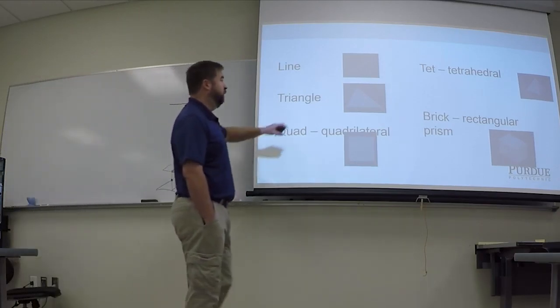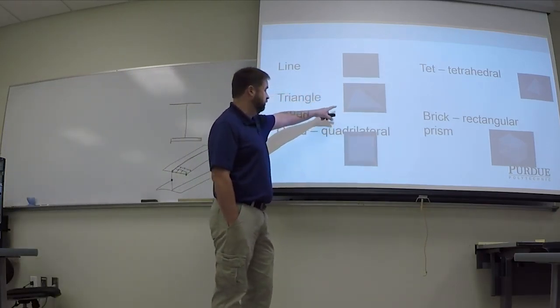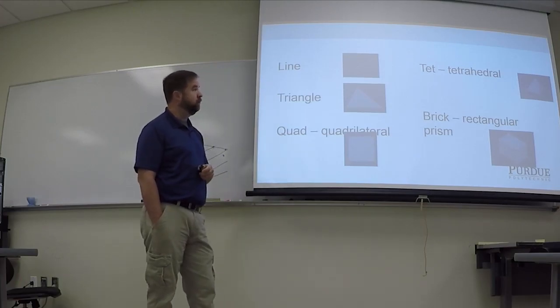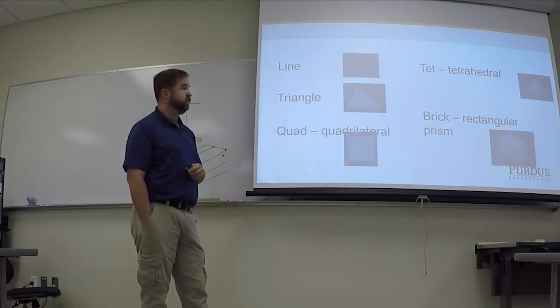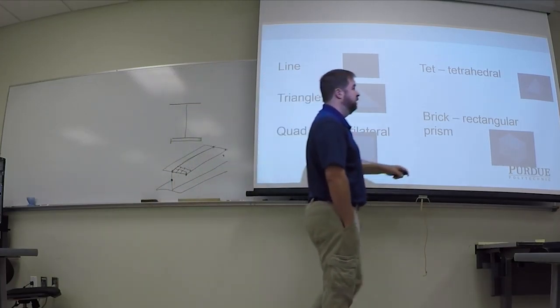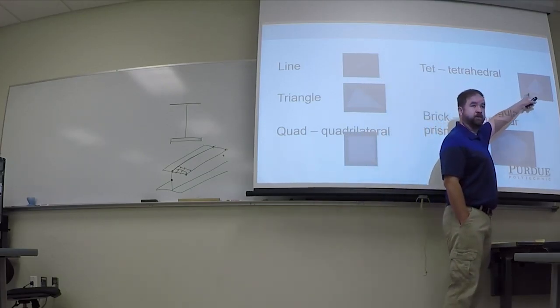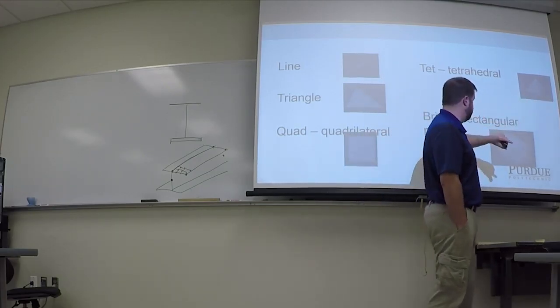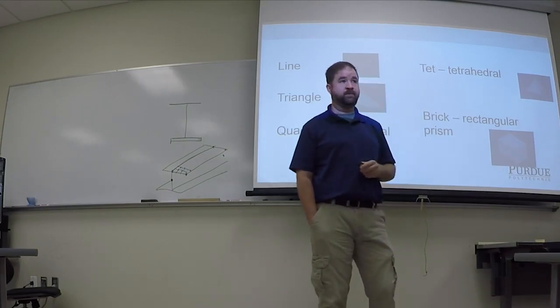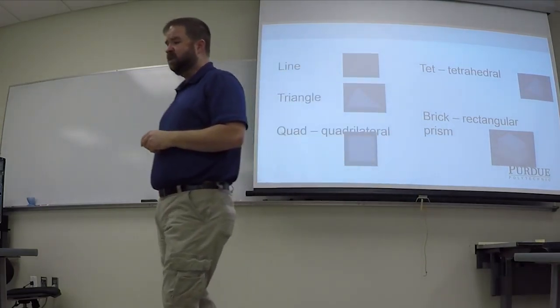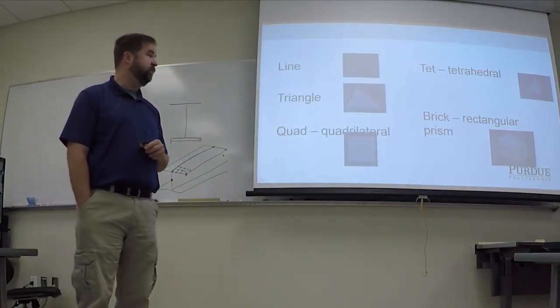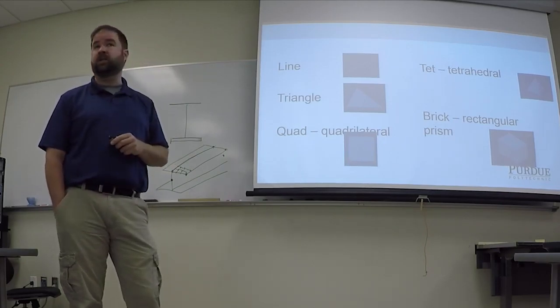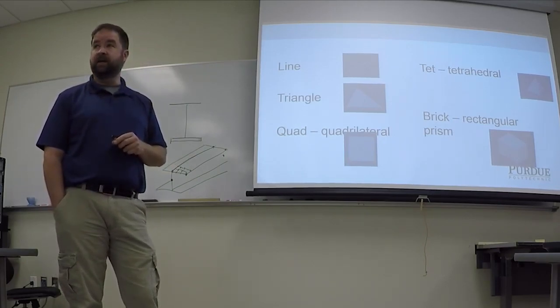Again, the other different types of elements. So 1D is a line, 2D is either a triangle or a quadrilateral. If we go to 3 dimensions, we have tetrahedrals, which are triangular shapes that make up a 3-dimensional object, and we have rectangular prisms. Different FEA software uses different meshing methodologies.